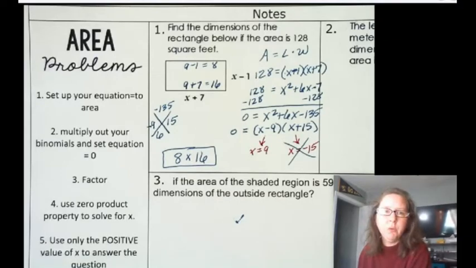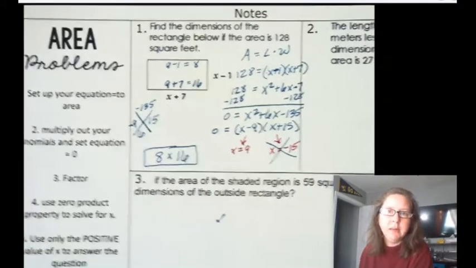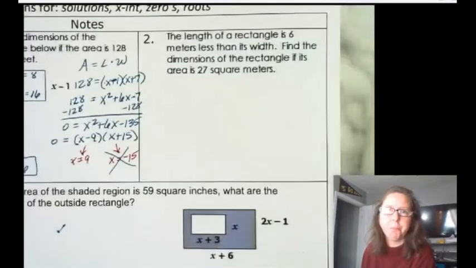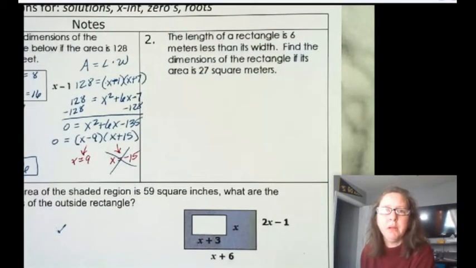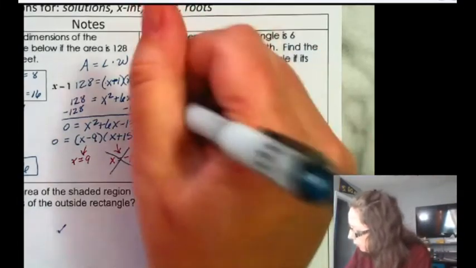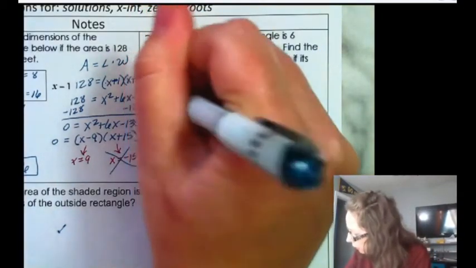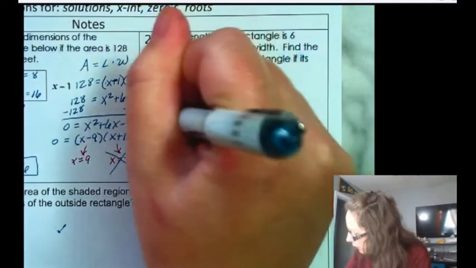Let's do the second one where we need to kind of set it up. They don't give me a picture. The length of a rectangle is 6 meters less than its width. If you want to draw out a picture, you can.